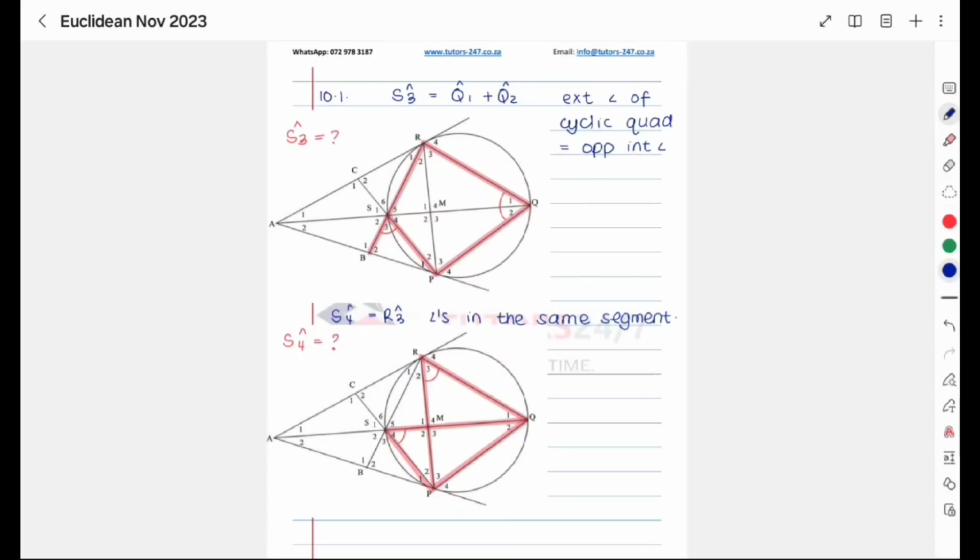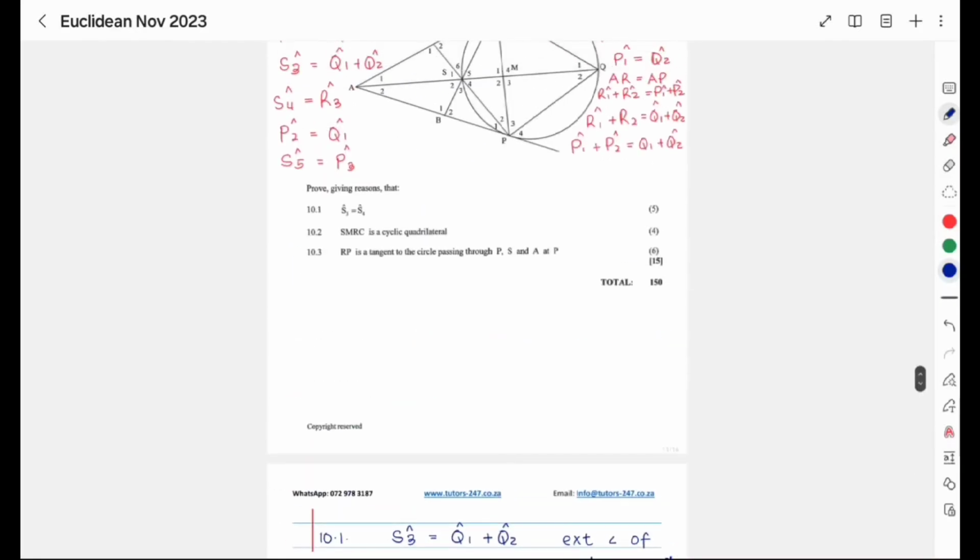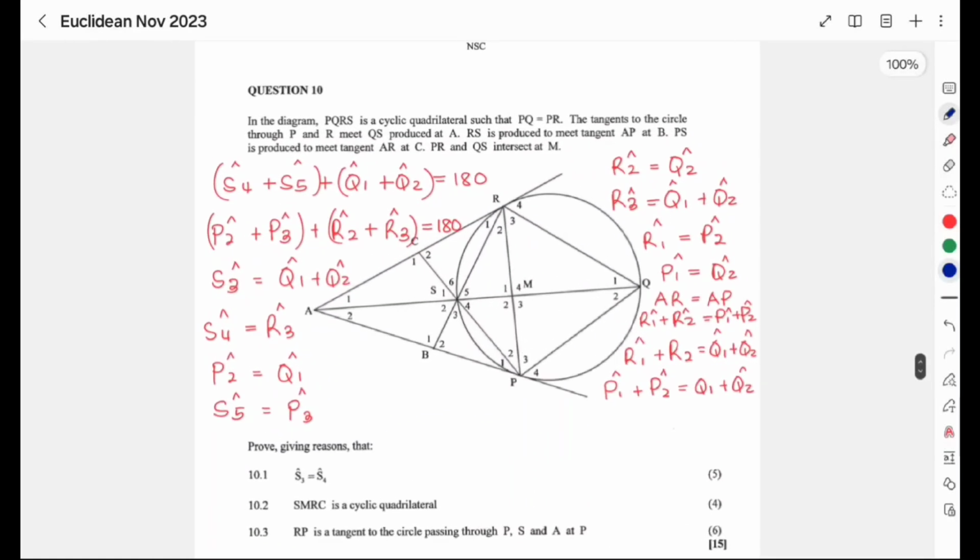We previously discussed that. So because R3 is equal to Q1 and Q2, that means S4 would be equal to S3. So all we did was identify what the angles are equal to on their own and then try to connect them. I'll show you where we discussed that.